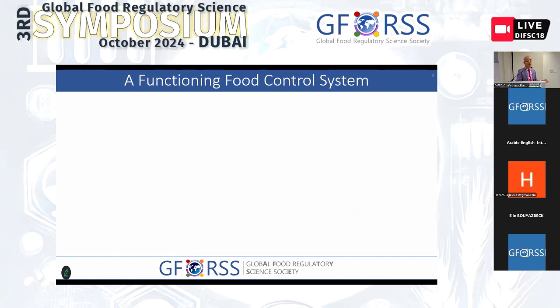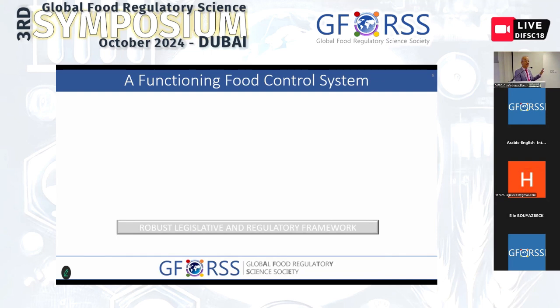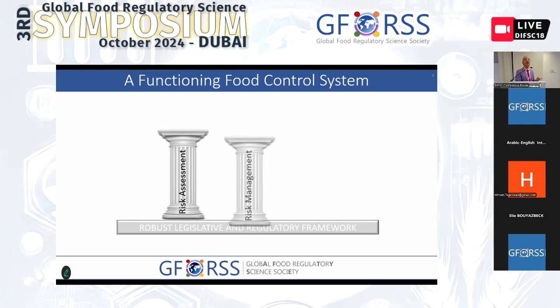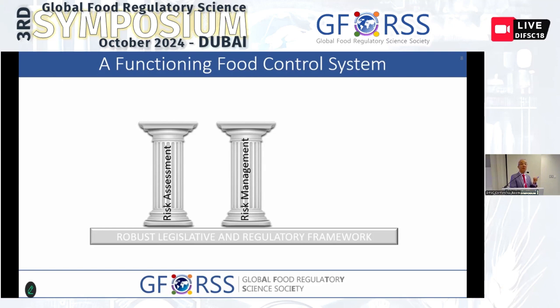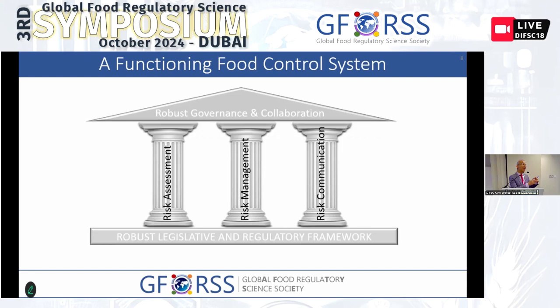Now, a functioning food control system is generally a food control system that, of course, relies on a robust legislation and regulation that gives the empowerment, but where the decision-making process is really built on these three pillars of risk assessment, risk management, risk communication, and of course, where things are holding together thanks to a good governance and collaboration between partners.